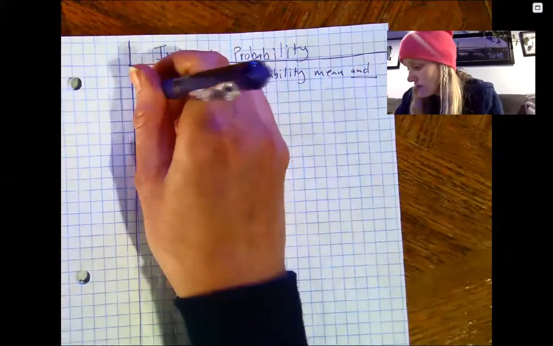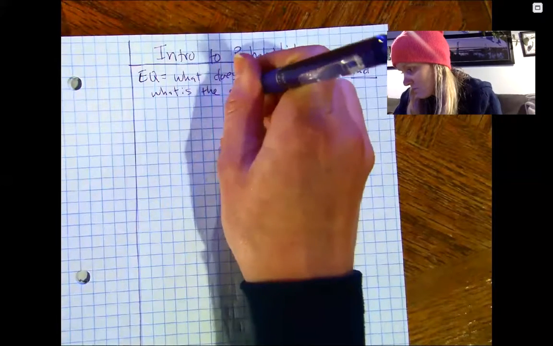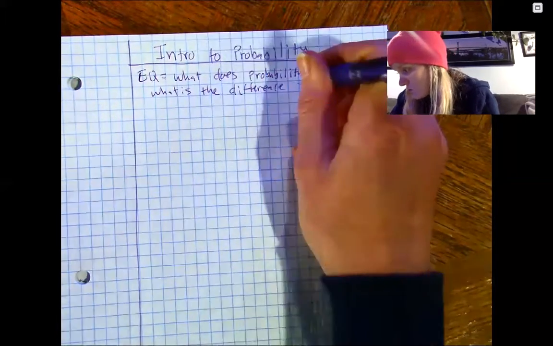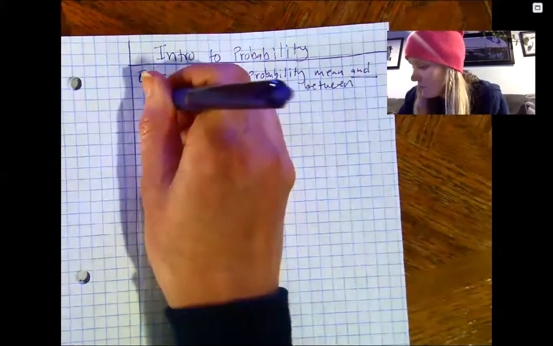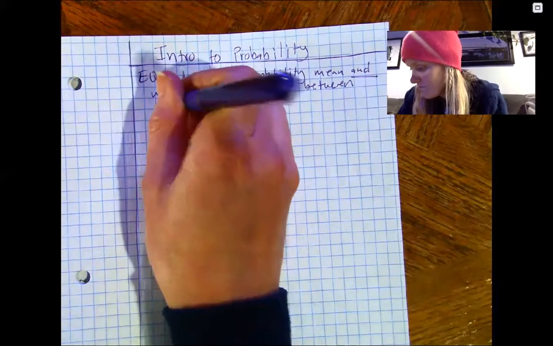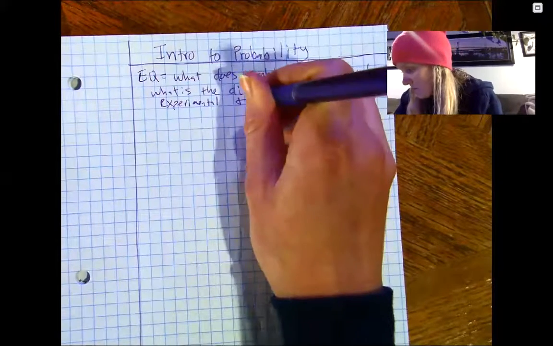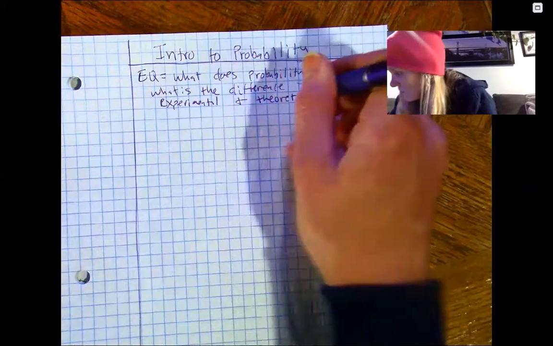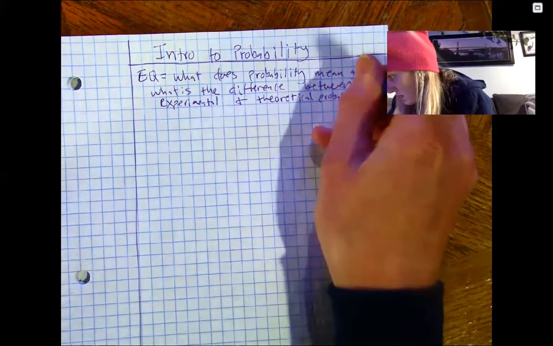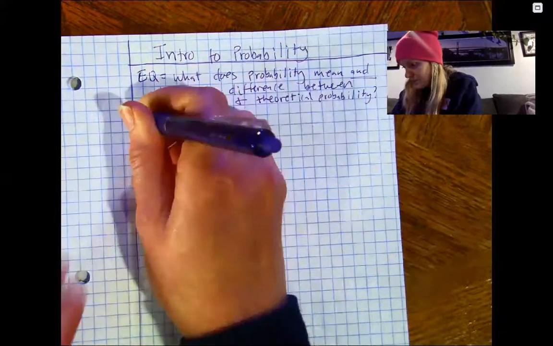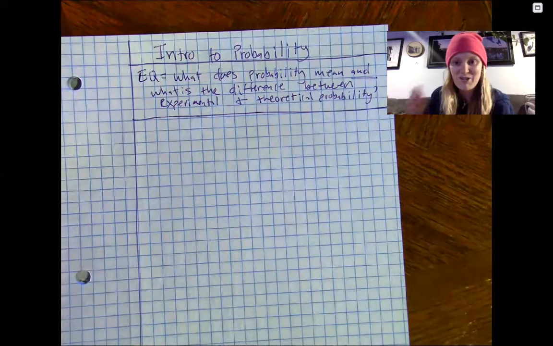And what is the difference between experimental and theoretical probability? Okay, I'll again move my hand so you can write that down.